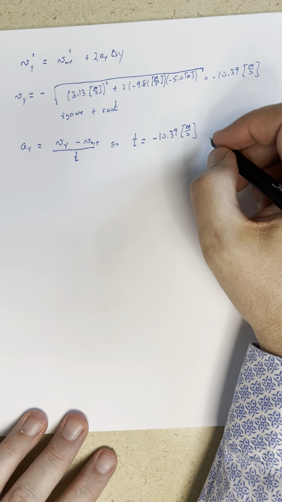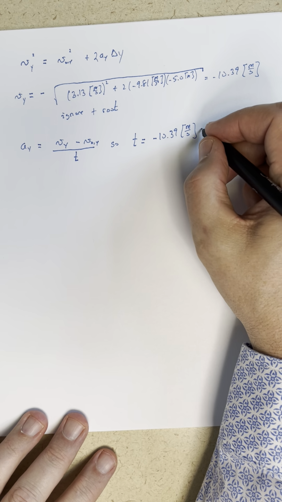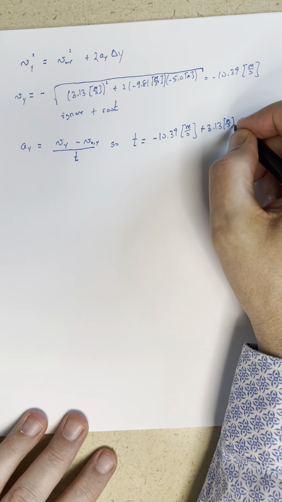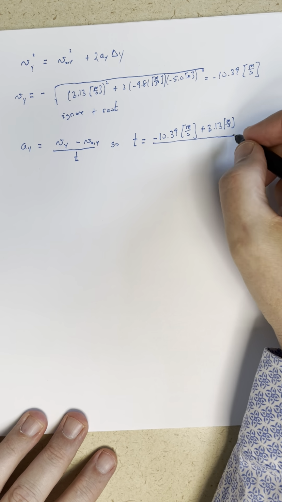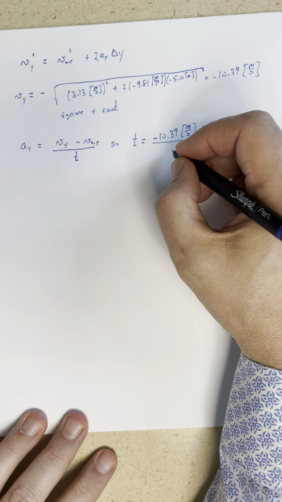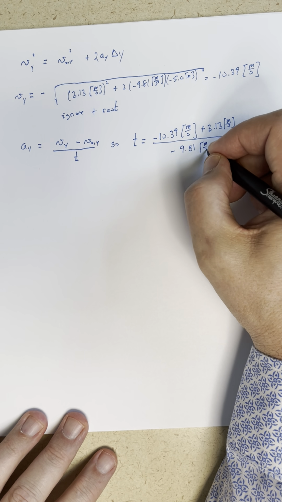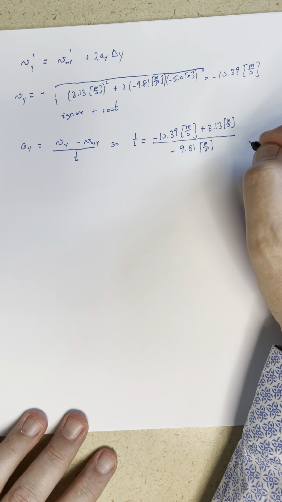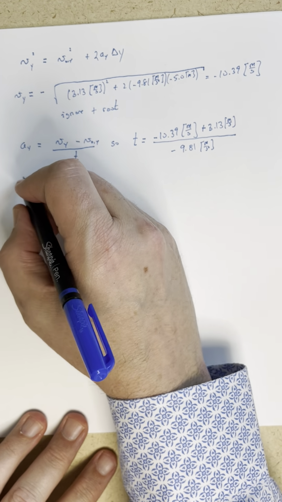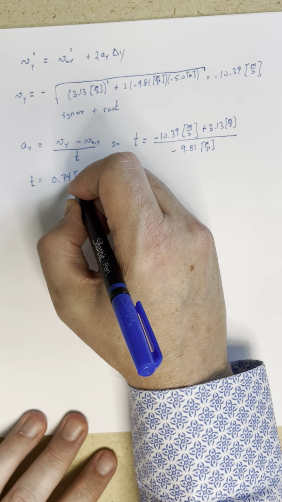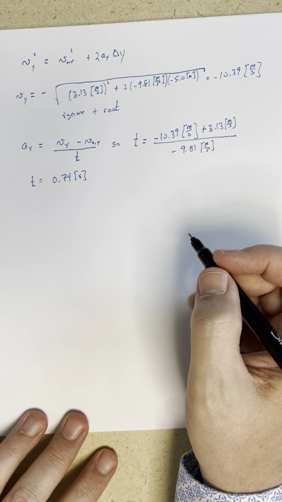Just coming from there, I'll have a minus minus, which is a plus, 3.13 meters per second. And we picked up to be the positive direction, so I've got a minus 9.81 meters per second squared, which is going to give me a time of 0.74 seconds.